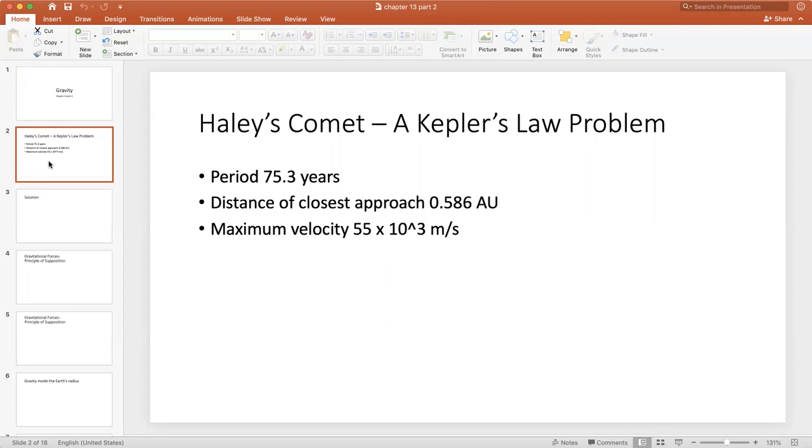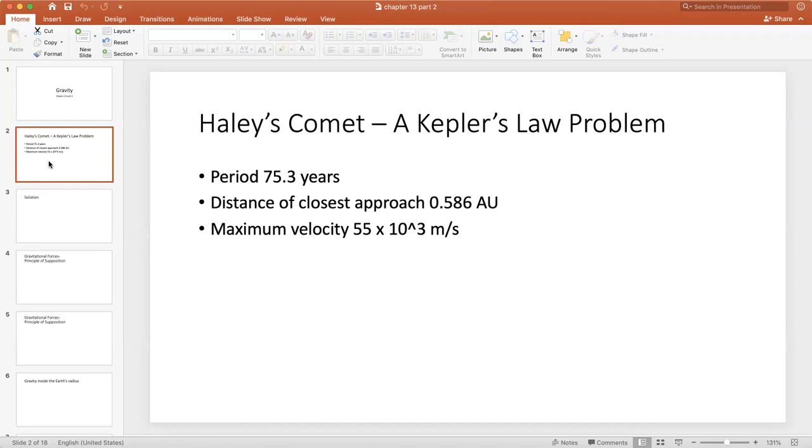Halley's Comet has been seen since as far back as Romans, early Chinese, a lot of the early Middle Eastern civilizations knew about Halley's Comet. It comes every 75.3 years, and I believe the last time it was here was in 86. So it's supposed to come back soon in your lifetime. You'll probably only be able to see it once in your lifetime.